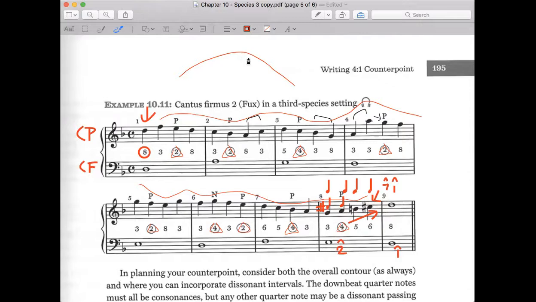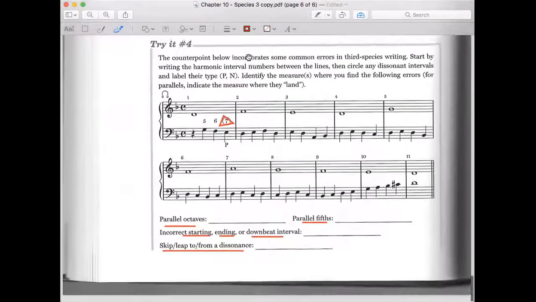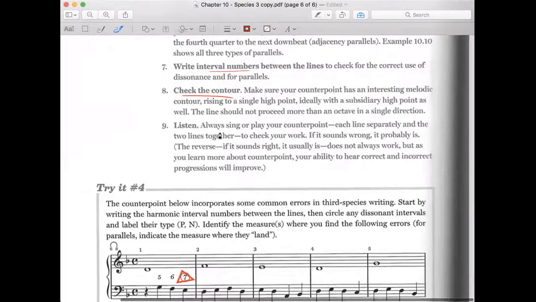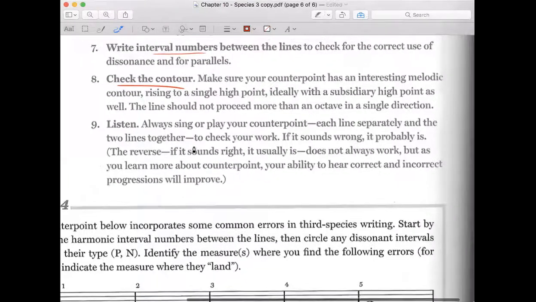Okay, there you have it. And the last thing to do, and really this is something you should always be doing as you're checking your homework, is listening to your exercise. It's not just math homework. It's like math homework that you get to listen to. So isn't that a joy?